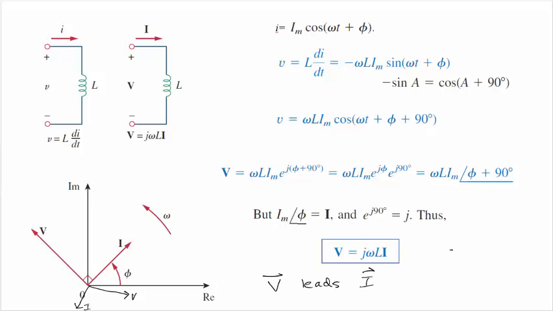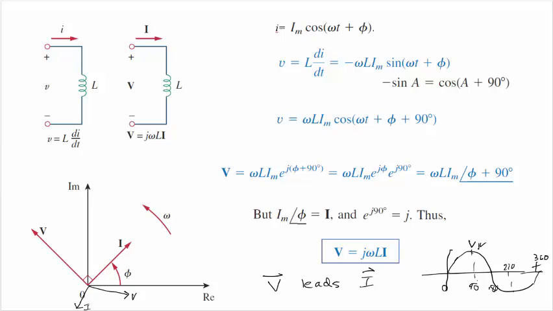And if we were to look at what was happening in time, that would mean that the voltage in the inductor does something like this. This is at 0 degrees, this is 90 degrees, this is 180 degrees, 270 is here, and 360 degrees to complete a full cycle, right?